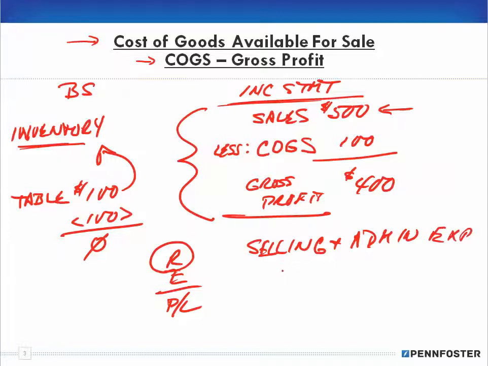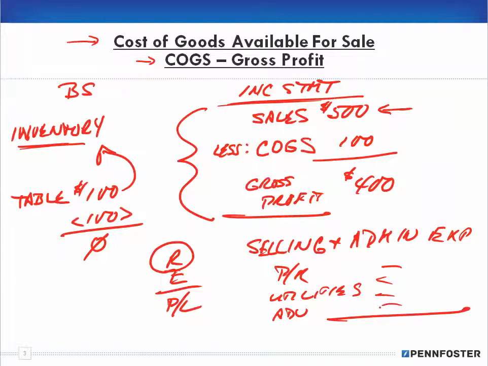However many they are, we're talking about things like payroll, utilities, advertising, etc. When we take out all of these items, that'll give us a total expense. And then the total expense has to come out of that gross profit, which gives us our profit or loss. So that's the structure of the income statement, okay?